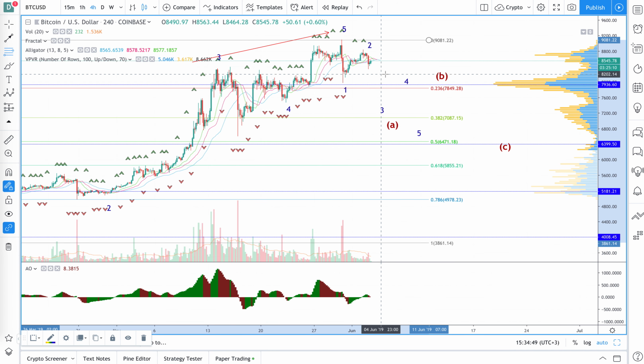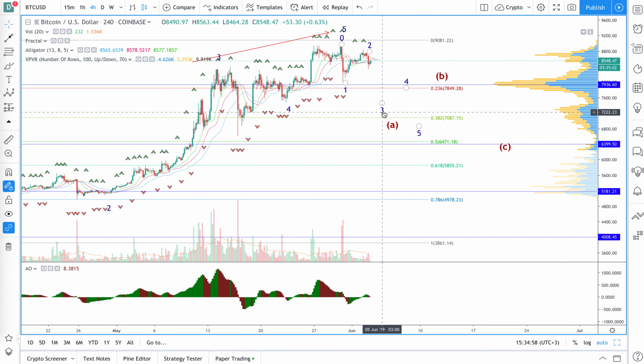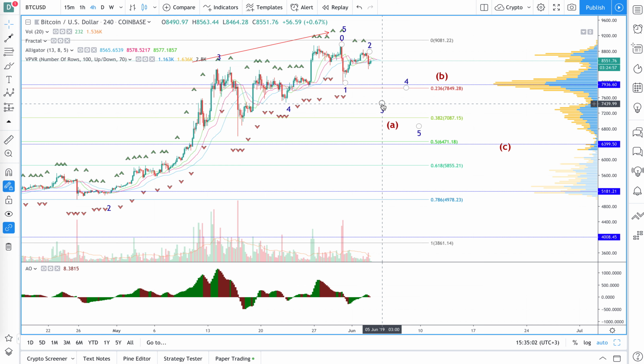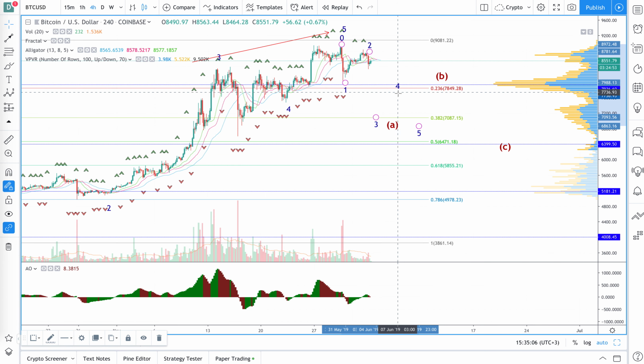So our view in terms of the next movement of Bitcoin is it's going to be a correction zigzag, ABC. It will probably go up to the point of 0.38 of Fibonacci as wave A, so something like that.